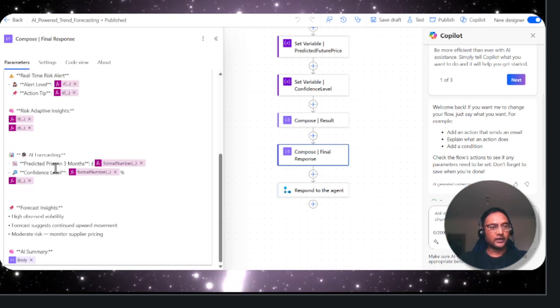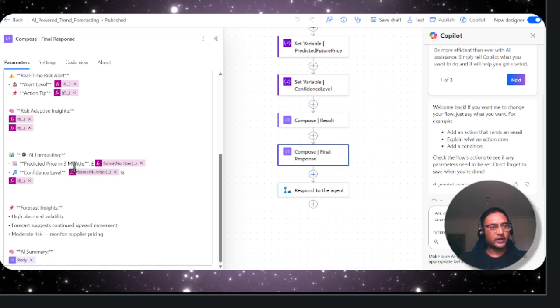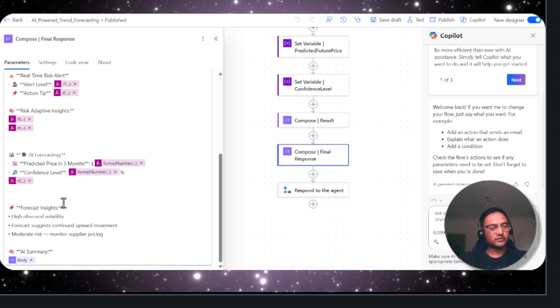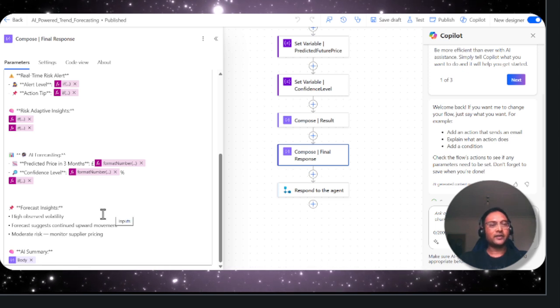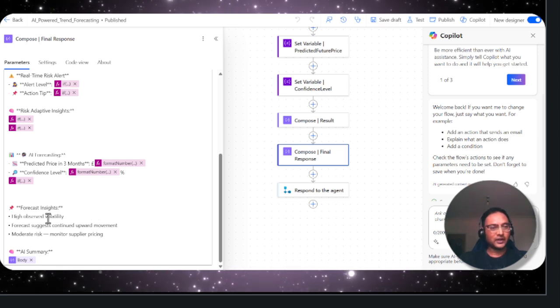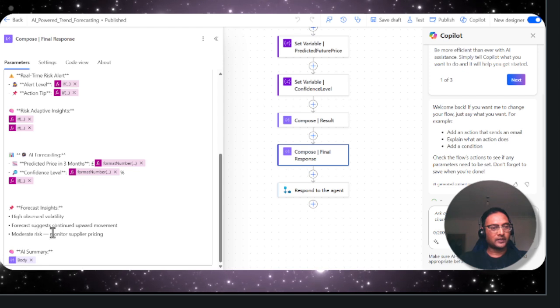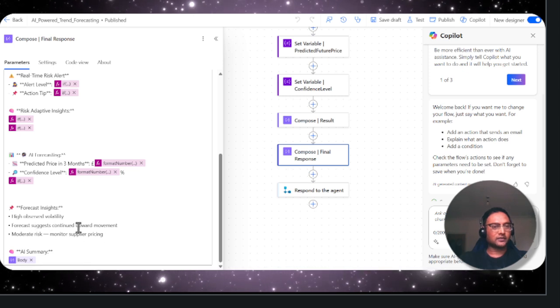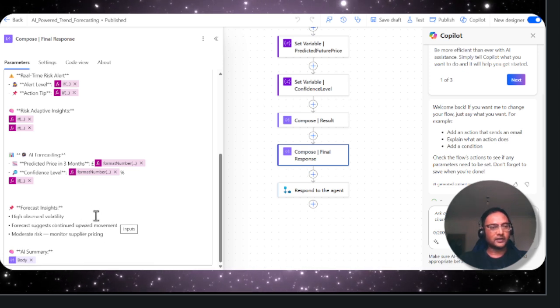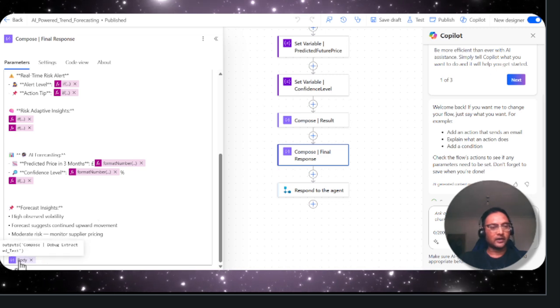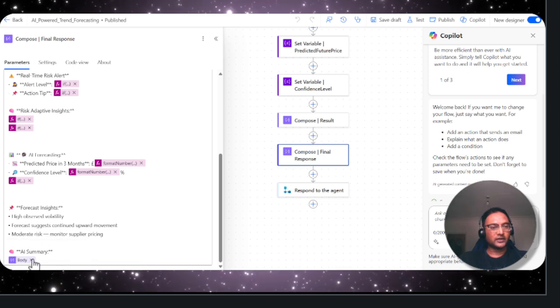Finally I'll have AI forecasting, the predicted price in 3 months. For every medicine, there are a lot of details captured. I'm also saying that based on the volatility and standard deviation, it has to suggest whether it is a moderate risk, high risk or low risk, and also capturing the result from the AI.